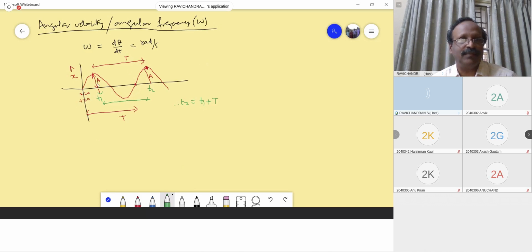This is T1, and it has completed one wave completely, producing the same amplitude again here. The time is T2, which is equal to T1 plus the period. Period is the time taken to complete one oscillation.